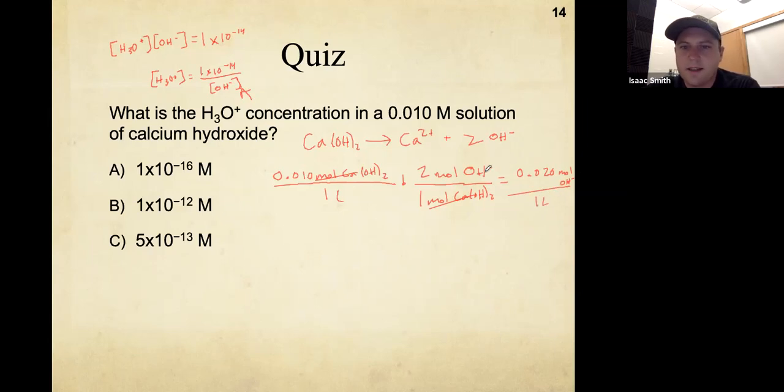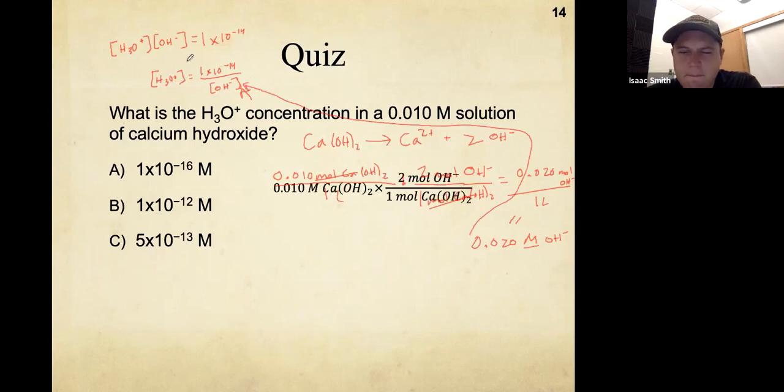Because the liter stayed. And this is the definition for molarity, right? So now we can say that we have a 0.020 molar solution of hydroxide. Now that is going to be our hydroxide concentration that we plug into this equation and solve for hydronium, okay?